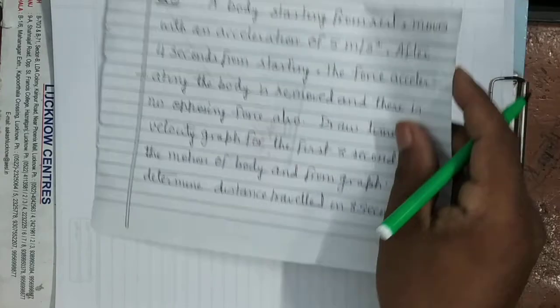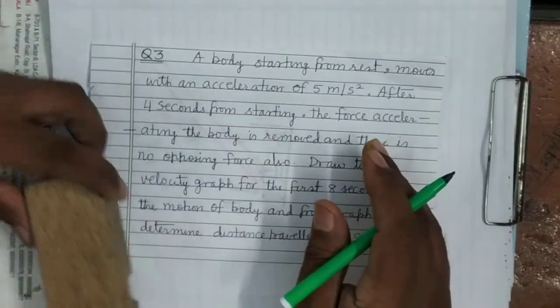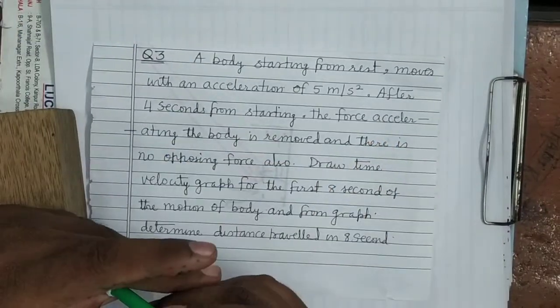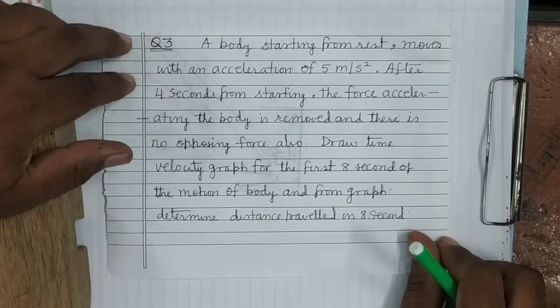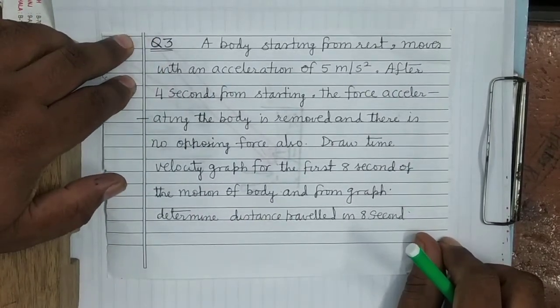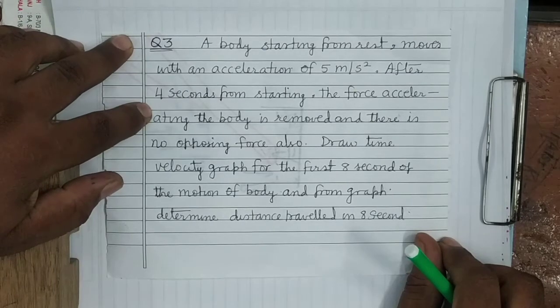Now see here, you can see question number 3. You can take the screenshot, those who want to take. A body starting from rest moves with an acceleration of 5 meter per second square.